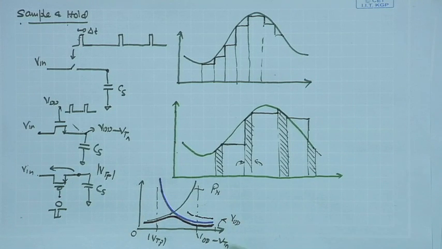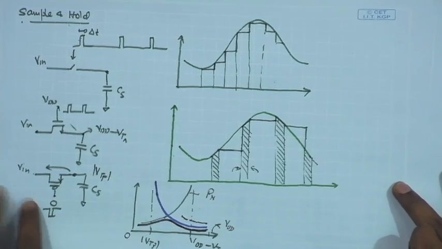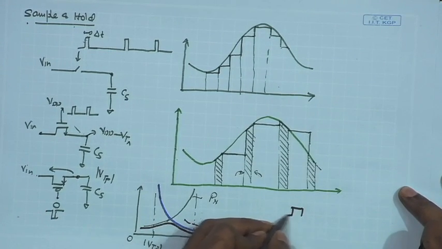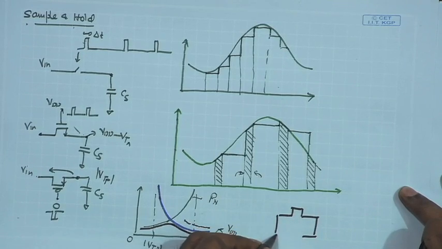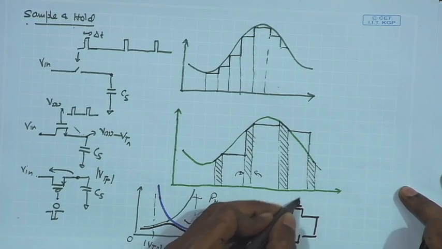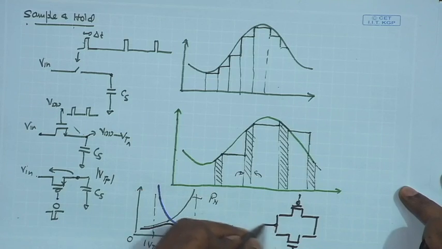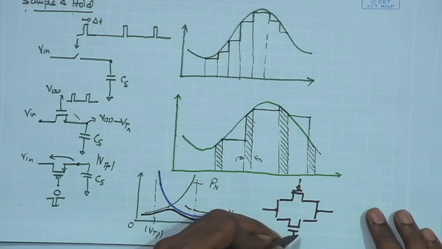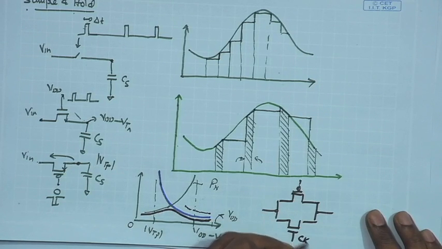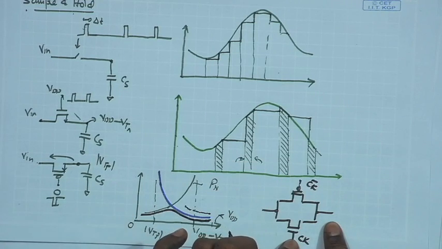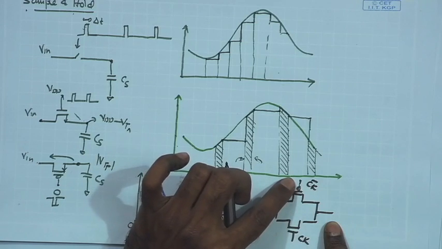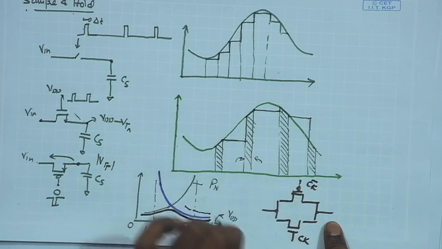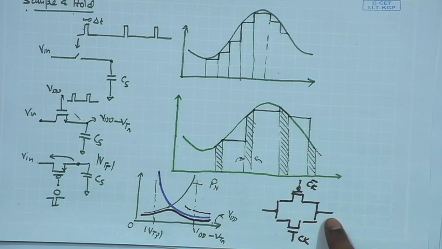And therefore, we have a combined switch which can be termed as a transmission gate, a combination of NMOS and PMOS, where you can have a clock signal going to the gate of the NMOS, which will turn it on, and at the same time you have the clock bar going to the gate of the PMOS, because when the NMOS is turning on, you also need to turn on the PMOS simultaneously, and therefore you need the inversion of the clock signal as a clock bar.